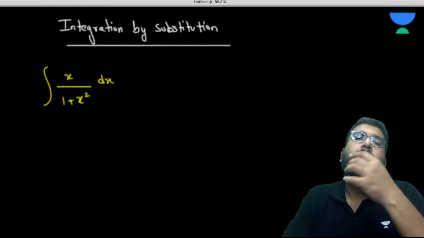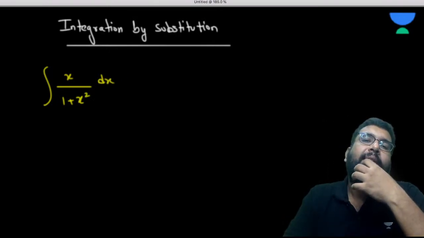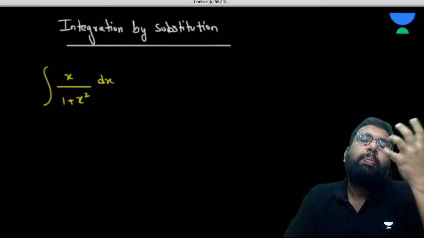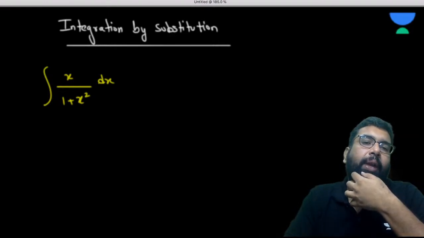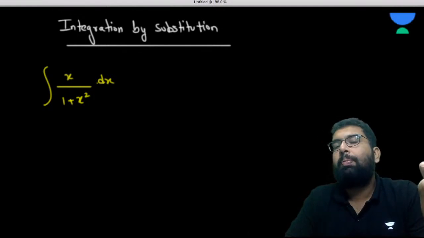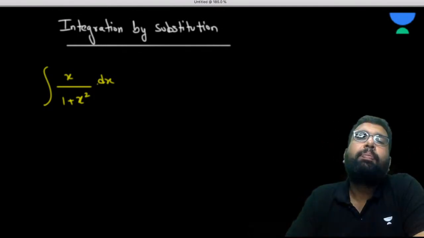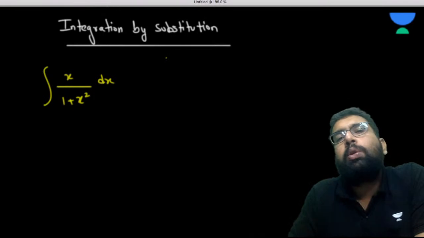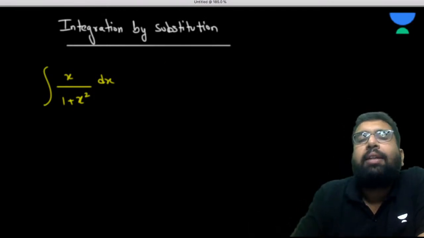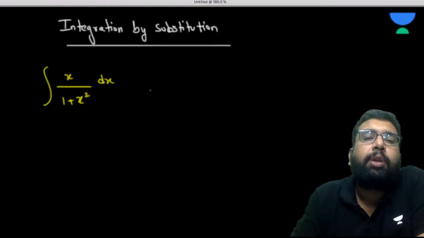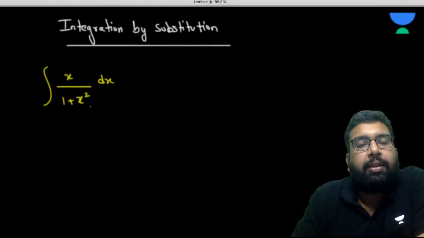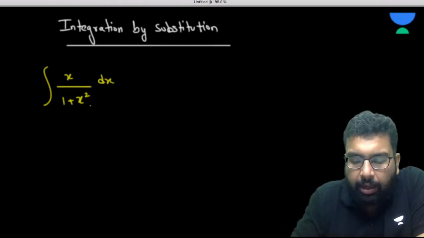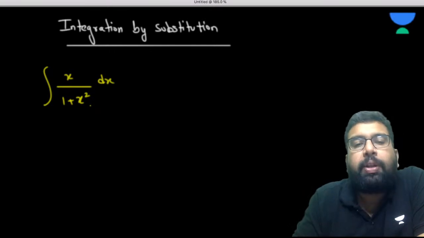Now, sir, how are we going to integrate this? By the UV method or any other method, it is going to be complicated. Though it can be solved that way also, if you want to simplify further, you may know this concept. In substitution, basically we substitute something with some other variable so that we simplify the question.